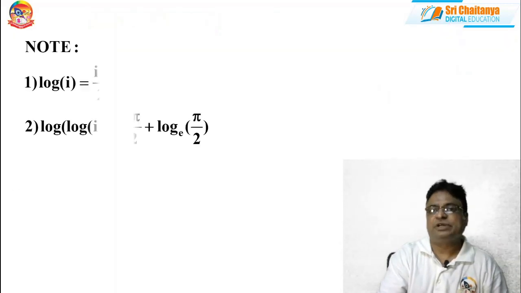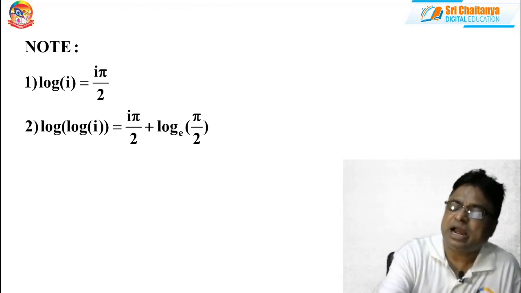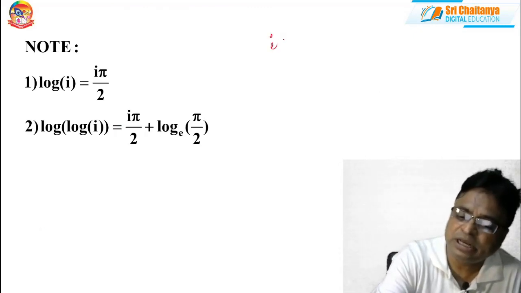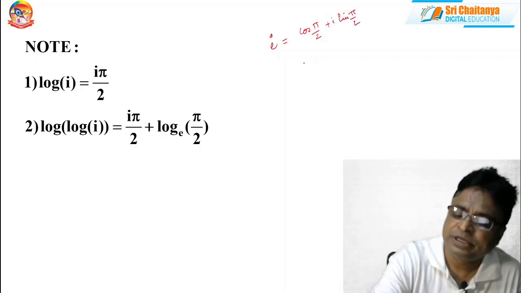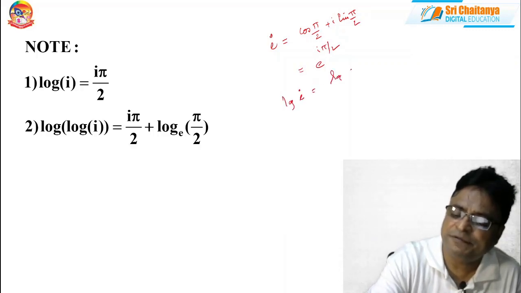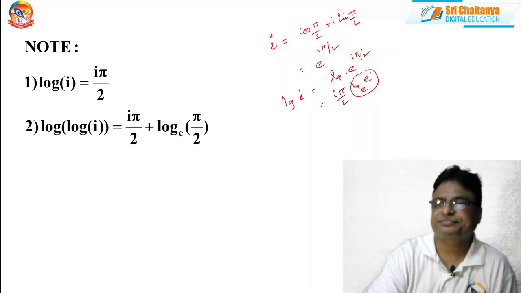And of course, again, please practice what is log i. Log i is i pi by 2. How to find it? Because I can write i as cos pi by 2 plus i sin pi by 2. This is the modulus-amplitude form, which is e power i pi by 2. So log i means log of e power i pi by 2. Using properties of logarithm, this is i pi by 2 log e. Here it is the natural logarithm.